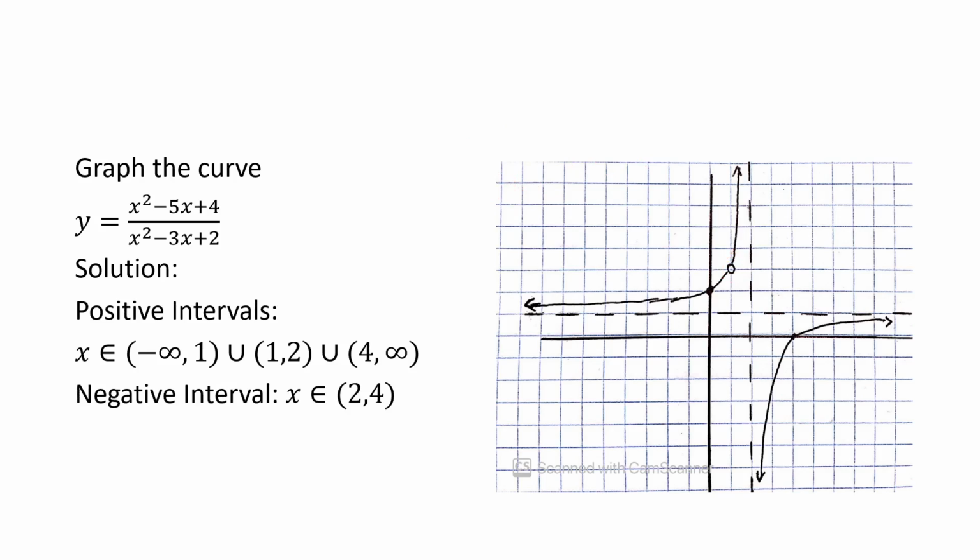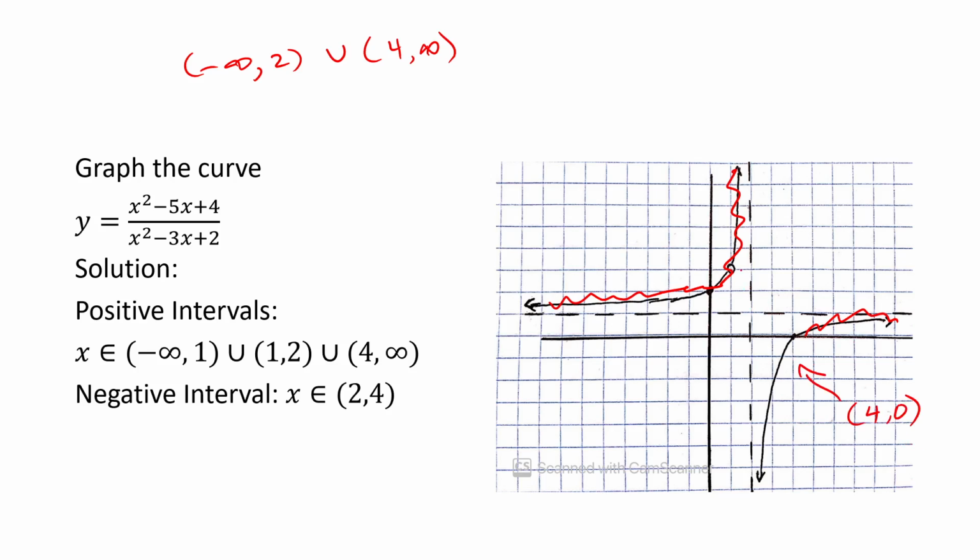Our positive intervals. Again, based on what we did in the last one, we might be tempted to say, okay, everything's positive here and everything's positive here. So we might be tempted to say negative infinity to 2 in union with 4 to infinity, because if you recall from a while ago, our x-intercept was at 4.